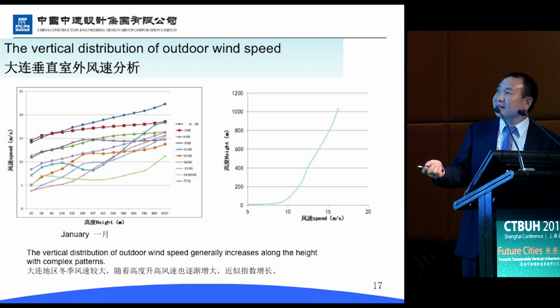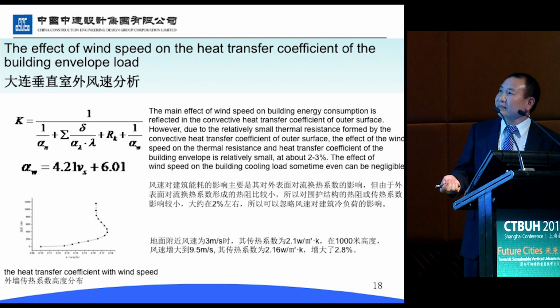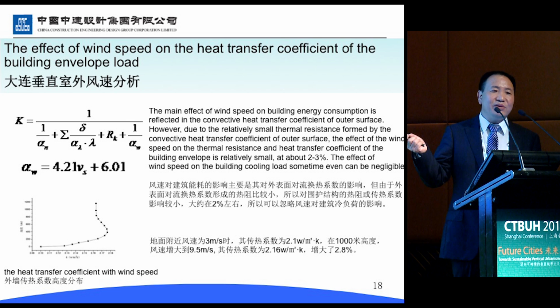So the vertical distribution of the outdoor wind speed generally increases along the height with complex patterns. This is a result of our testing and model calculation.